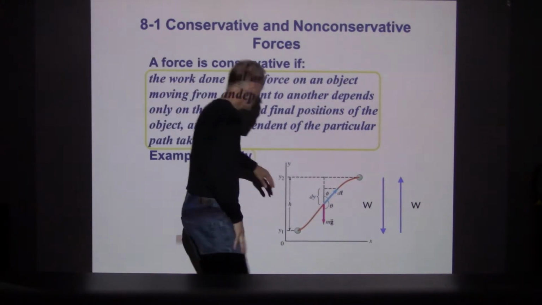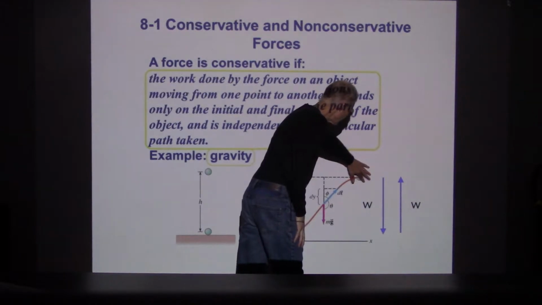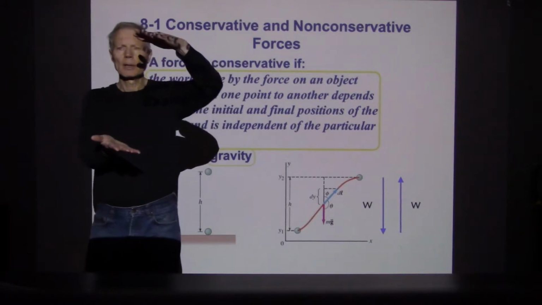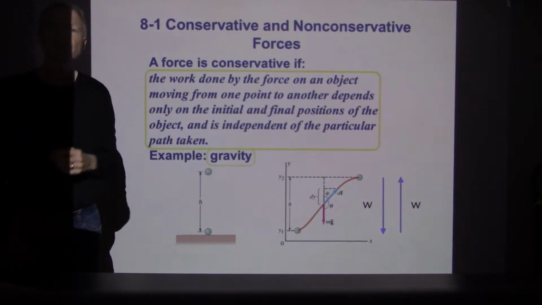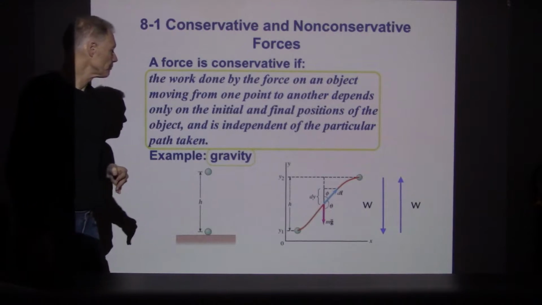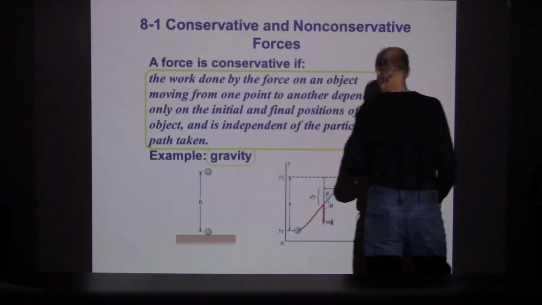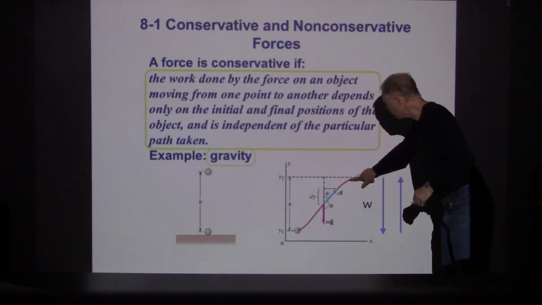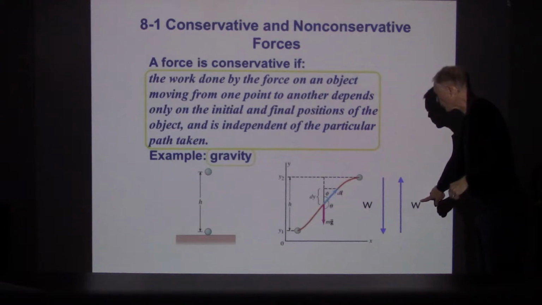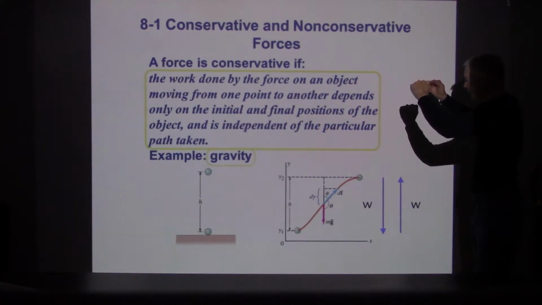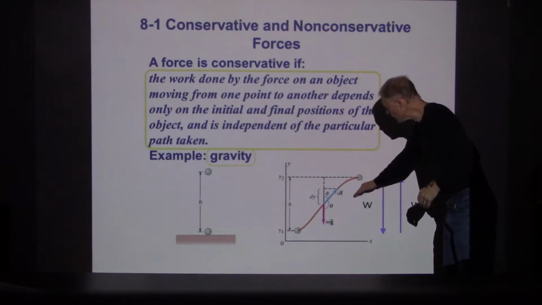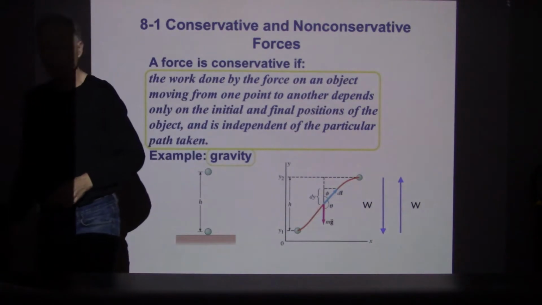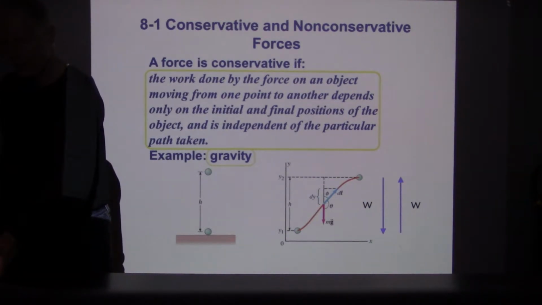It could be a very gradual rise or very steep, but there was a certain energy difference based on elevation alone. If we lift this object upwards, that requires work to bring it to the higher elevation. Then if we lower the object back down, we can get that energy back again. That's how gravity works.